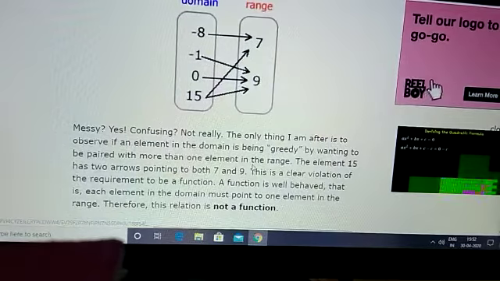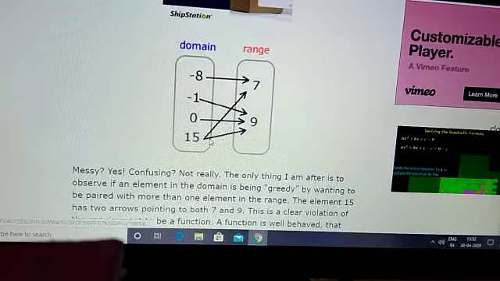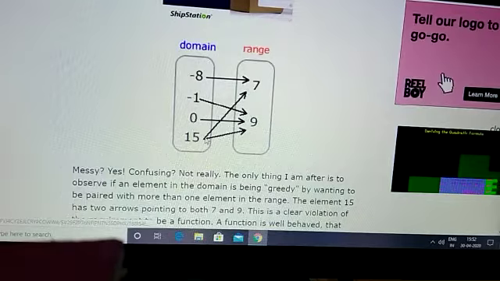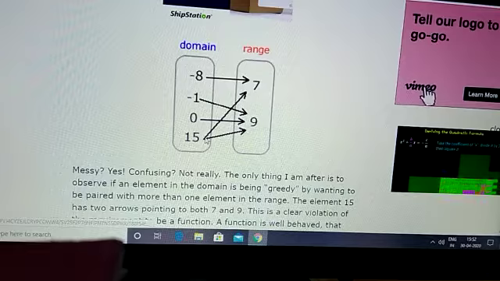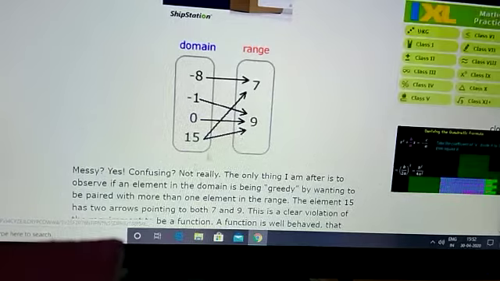The definition says that each element of x must be associated with only one value of y. Here 15 has two values, so it doesn't come under our definition of a function. So the given example is not a function. It's a must-have example.